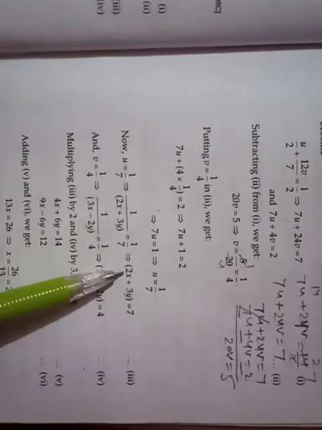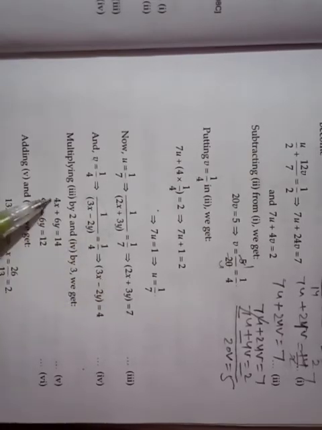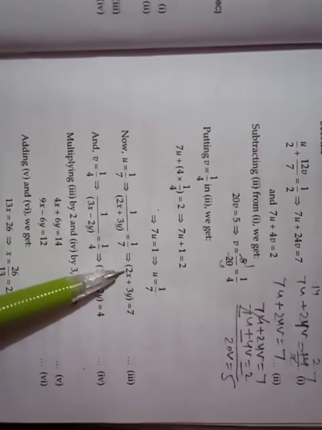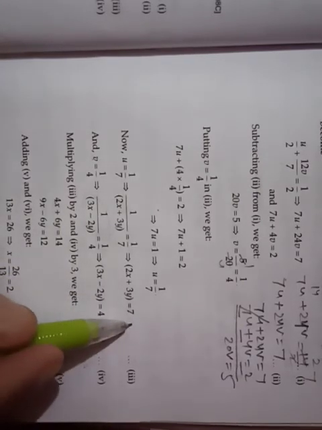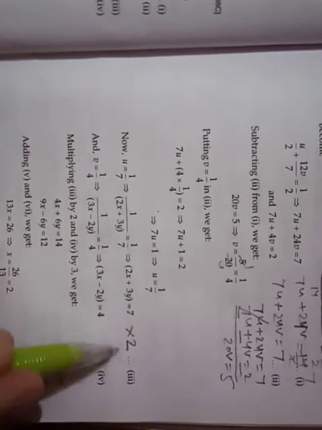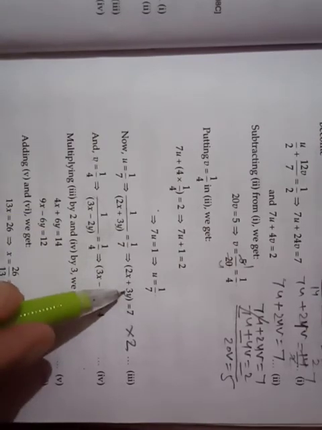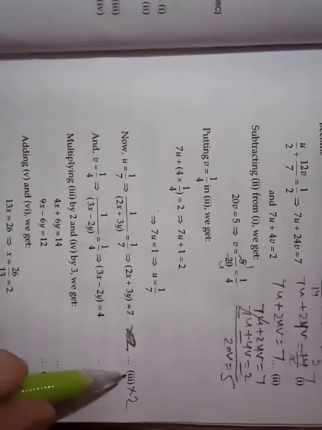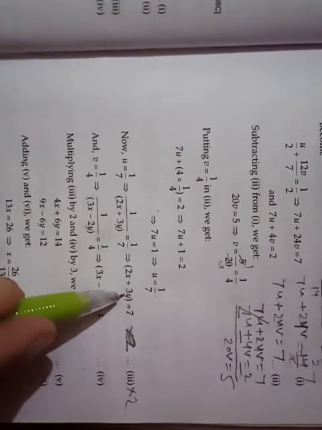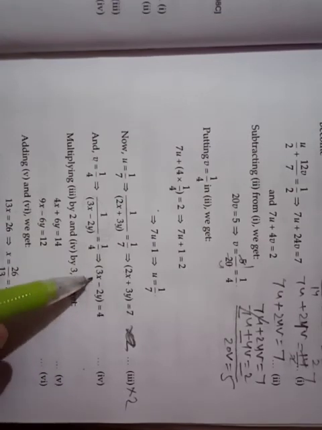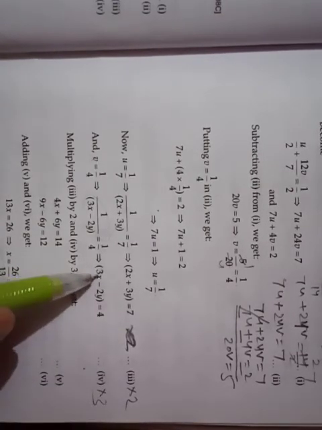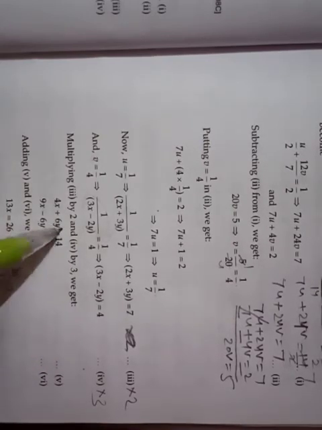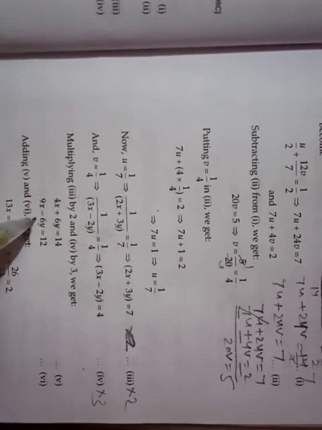If you multiply this equation by 2, 2 2s are 4x plus 2 3s are 6y, 2 7s are 14. Multiplying this equation by 3, 3 3s are 9x, 3 2s are 6y, 3 4s are 12. These are same values, 6y and minus 6y.